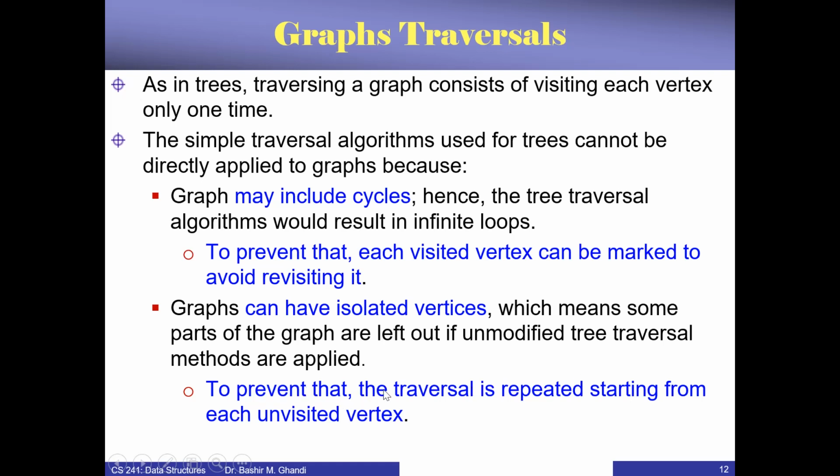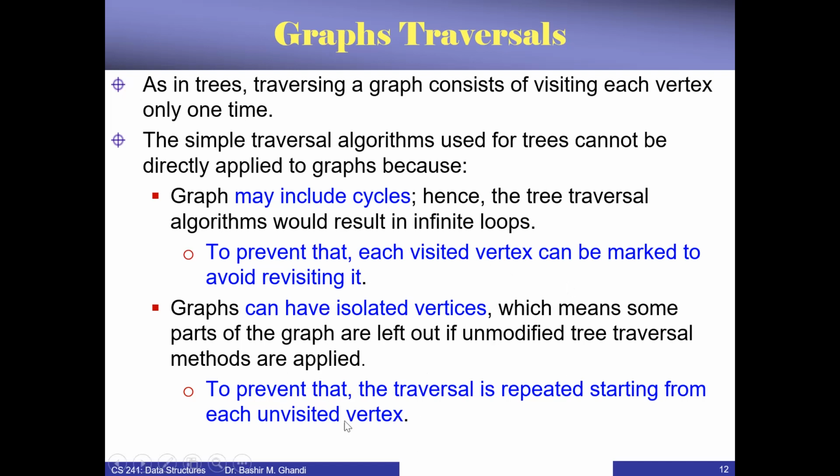So again, to prevent this from happening, we will have to repeat the traversal from different starting points. In tree, we just start from the root. So here, after we start from a particular vertex, we have to check after we reach a stopping point: have we visited all vertices? If not, we have to start the traversal again from the next unvisited vertex.